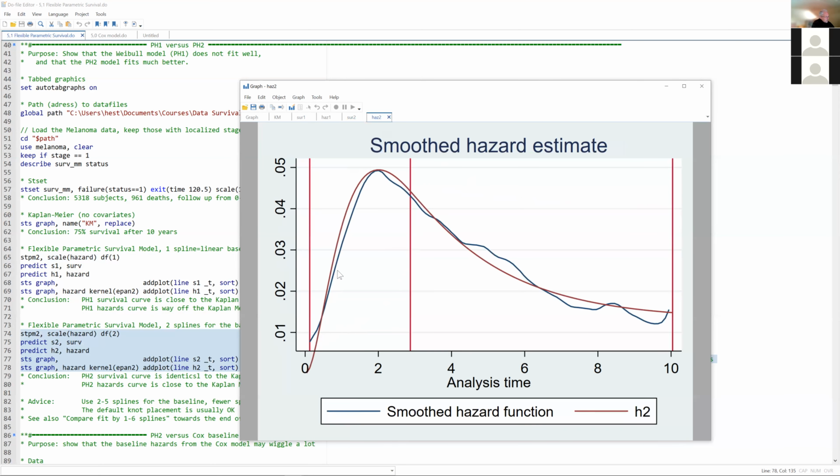Here again, the blue line is the same hazard that we saw previously. And now the red line is the hazard from the model. And now you can see it does a very good job of fitting this spline curve. In fact, there's a bit of wiggling at the end here of the smoothed hazard function. And you may or may not believe that as real. Maybe you prefer the red curve that's more smoothed, the one that we're predicting from the model.